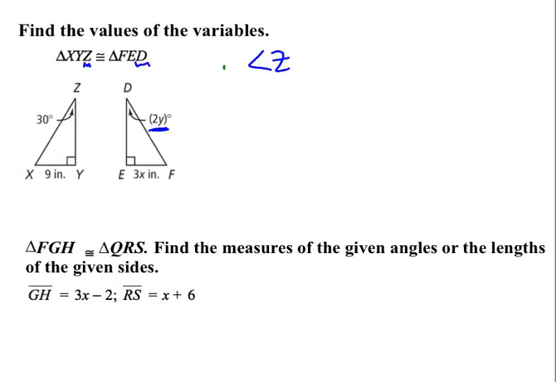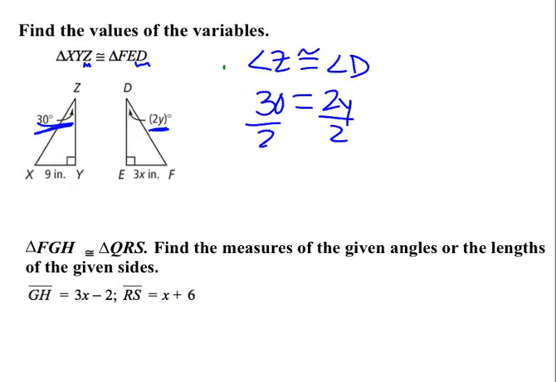So angle Z is congruent to angle D. Okay, what is angle Z? Well, they tell me angle Z is 30 degrees. And angle D is 2Y. Now just solve. How do I get Y by itself? Divide. 15 equals Y. Great.